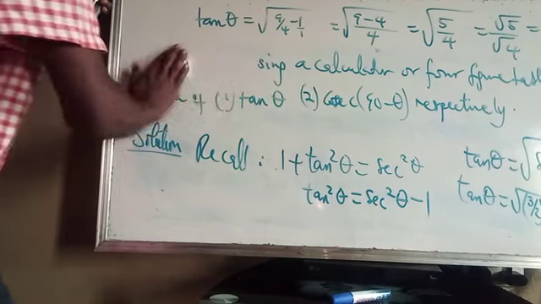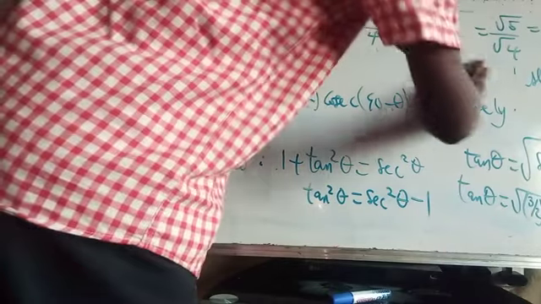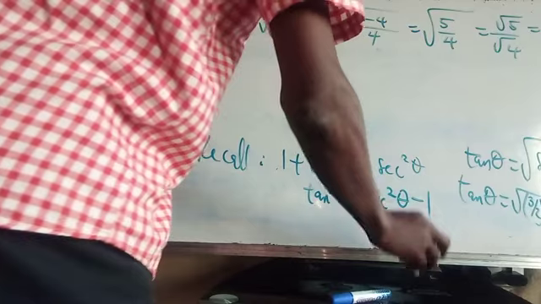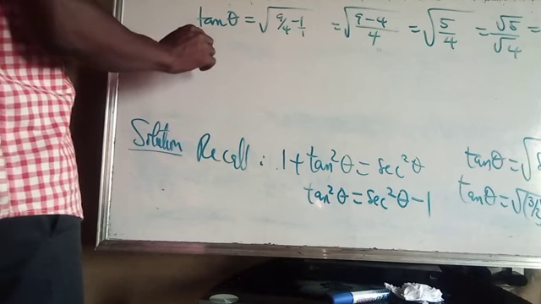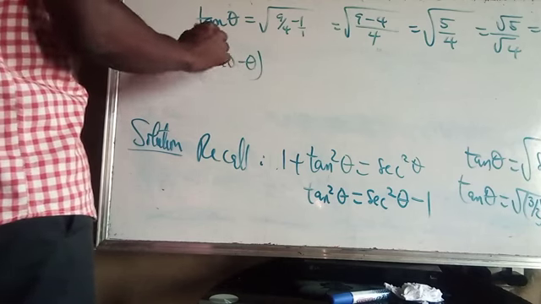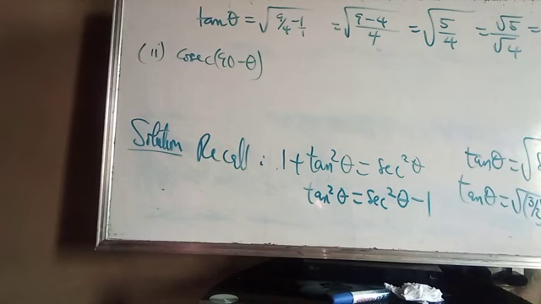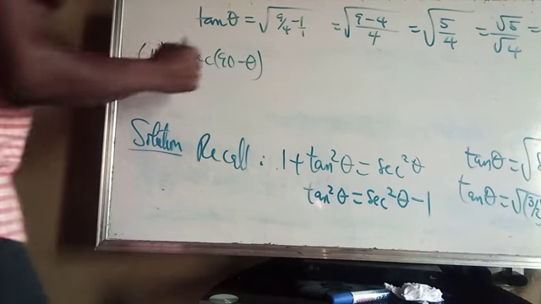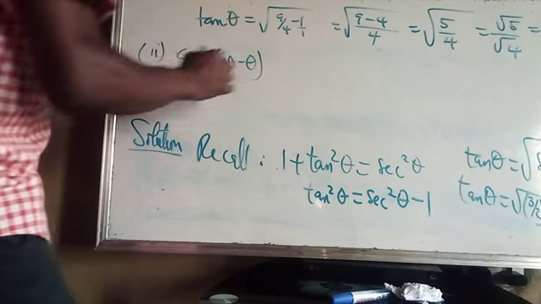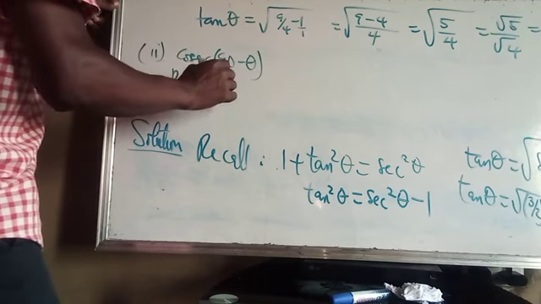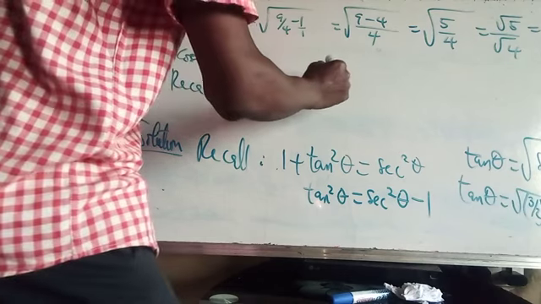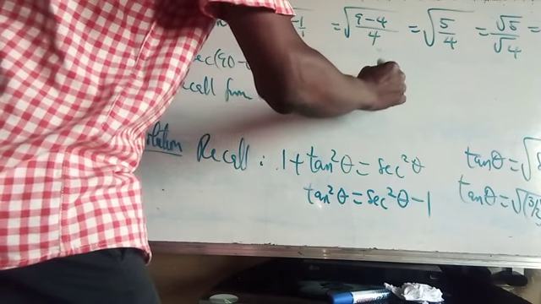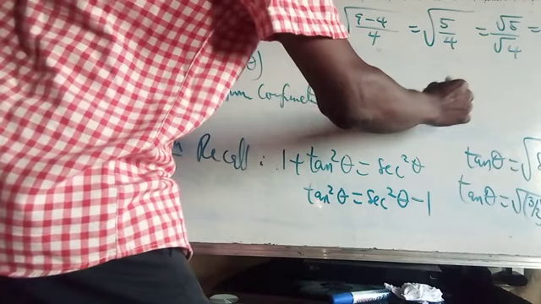Now what about cosec 90 degrees minus theta? From co-function, you can remember, recall, from co-function: cosec 90 minus theta is equal to sec theta.